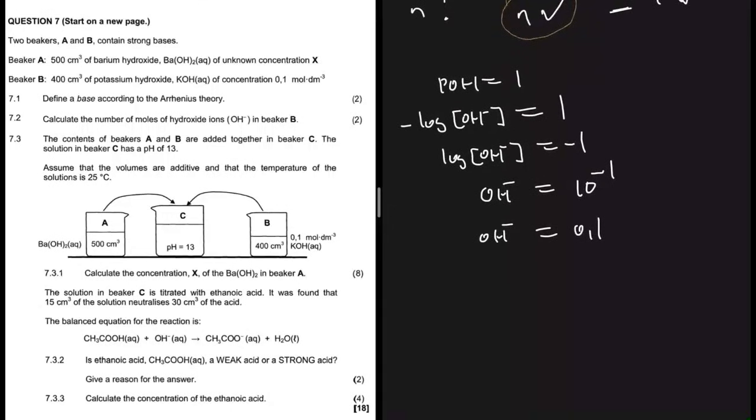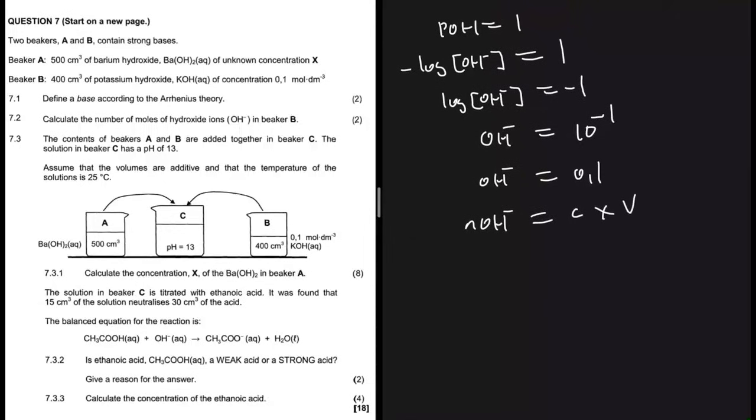Now we can find the number of moles, right? So the number of moles of OH minus will be equal to the concentration multiplied by the volume, right? What's the concentration? It's what we just determined, 0.1. And then what's the volume? The volume is said to be additive, right?